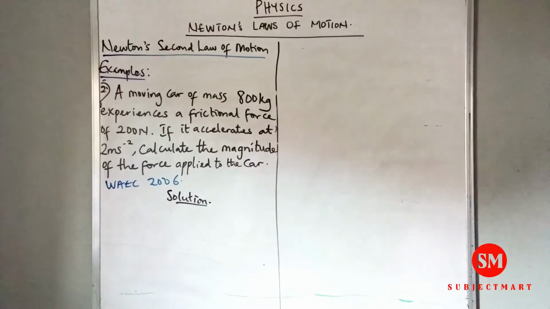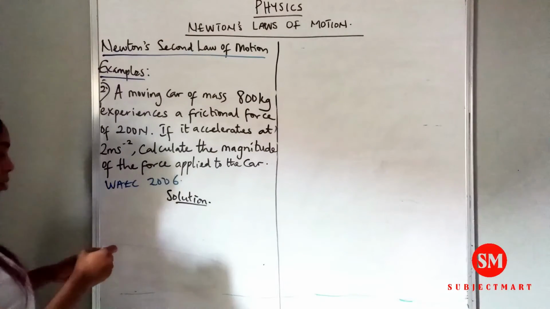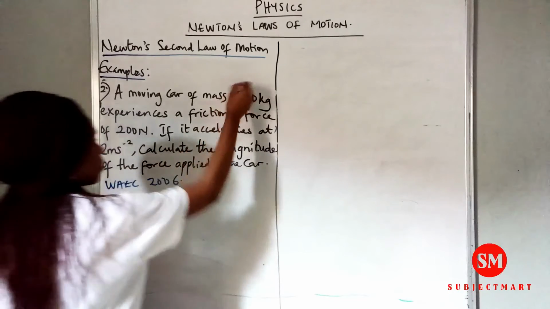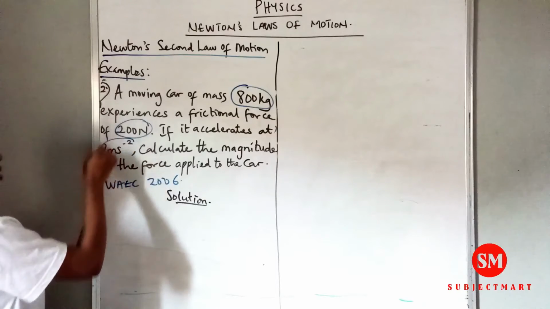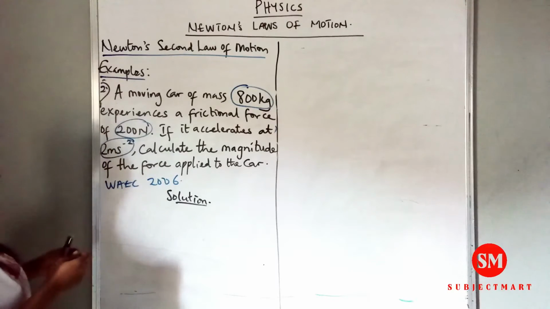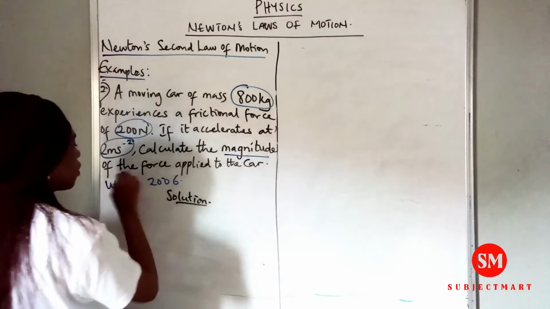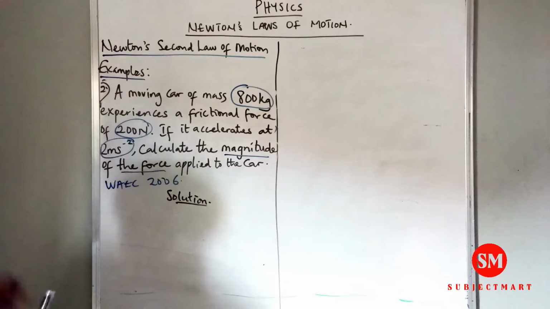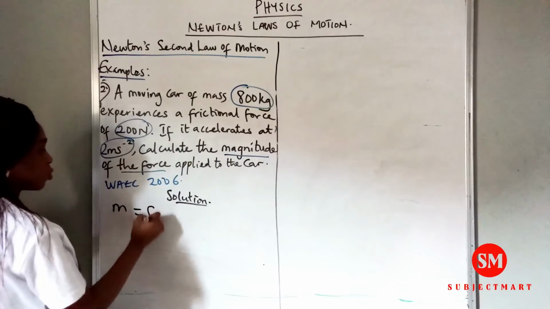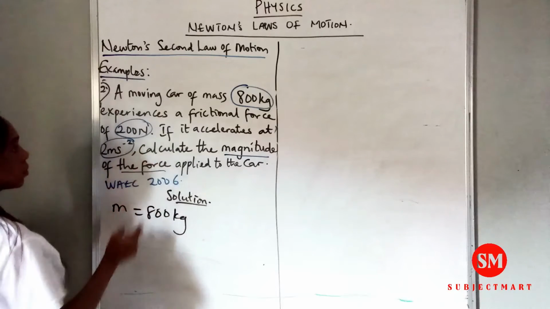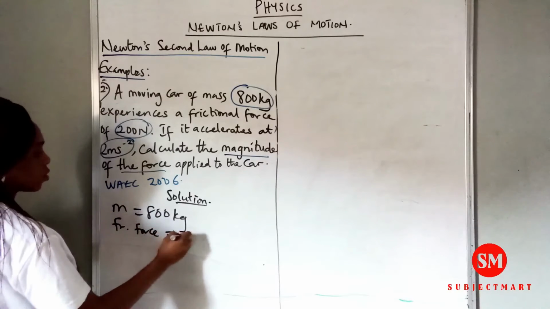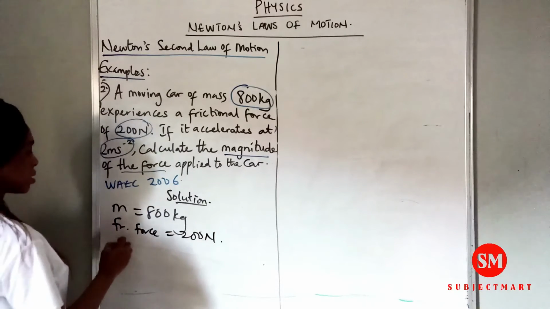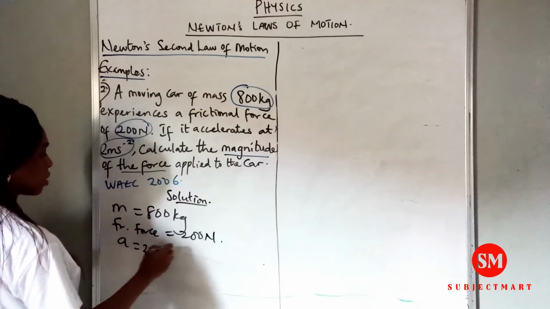Another example here says a moving car of mass 800 kilograms experiences a frictional force of 200 Newton and accelerates at 2 meters per second squared. Calculate the magnitude of the force, that's the size of the total force applied to the car. So we have a mass of 800 kilograms, frictional force equal to 200 Newton, acceleration equal to 2 meters per second squared.